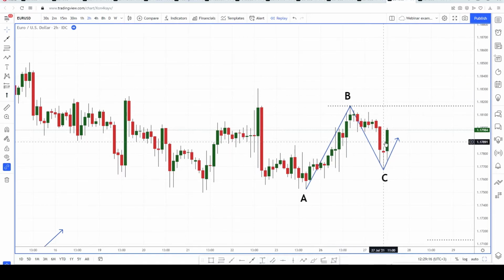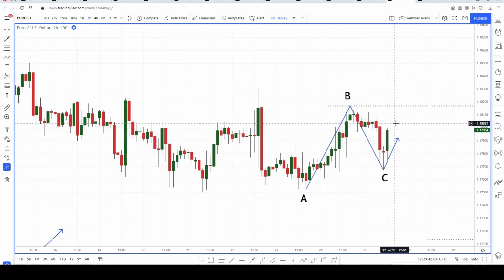So when the market moves higher, we still don't know if the market's going to go beyond the point B. But when we have the market moving higher from the probable point C, I should say, then we can say that the market is likely to move higher. It probably has put in a higher low.